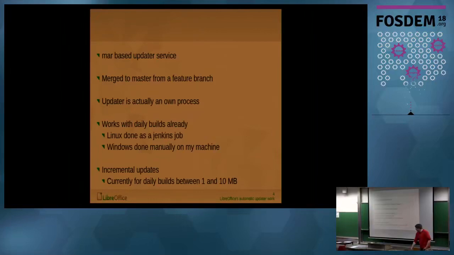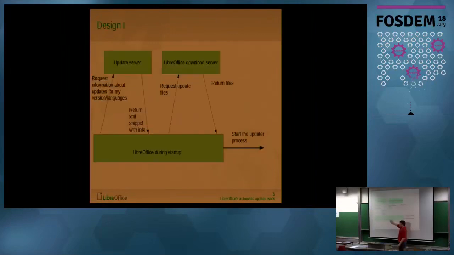So how does the updater work? We have our running LibreOffice. All the work for the automatic update happens during startup, basically to avoid having to restart LibreOffice later on when someone has already done some work in a document.